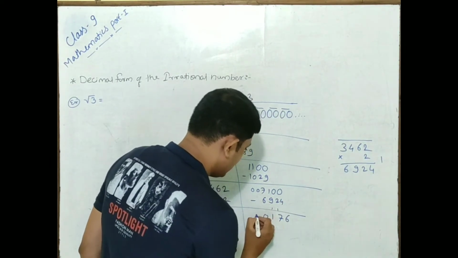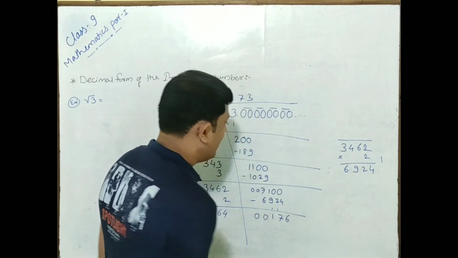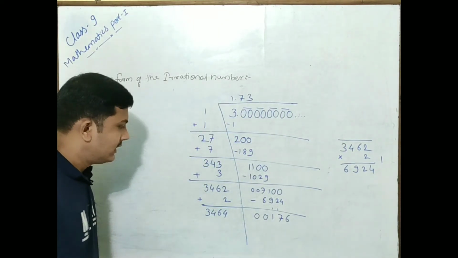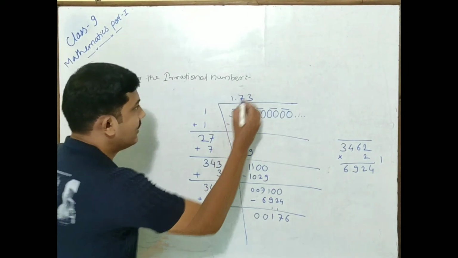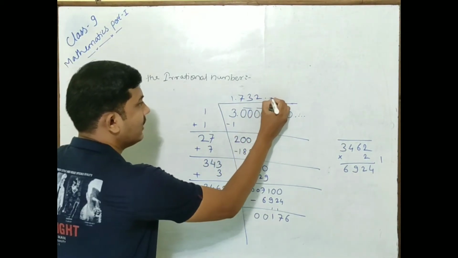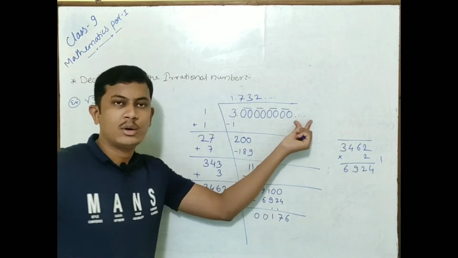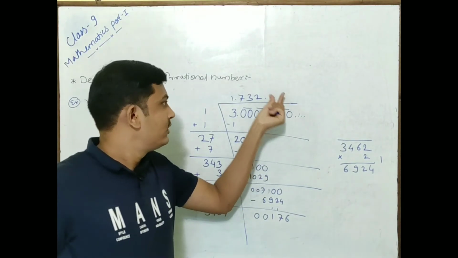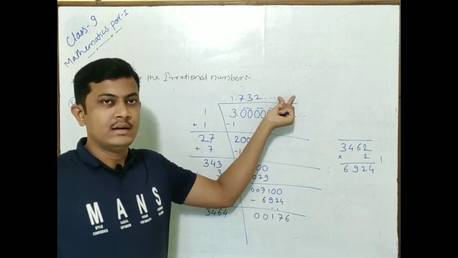Okay. Again, in the same way we can carry on. So here the zeros are what? Non-terminating and recurring ones. So here the quotient will also be non-terminating and recurring.